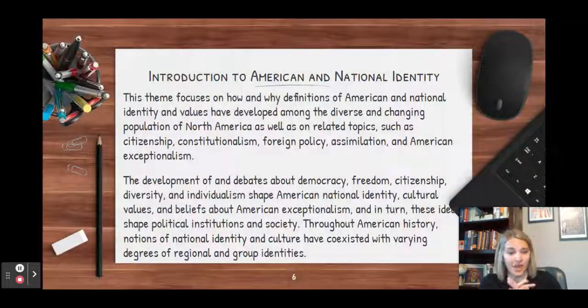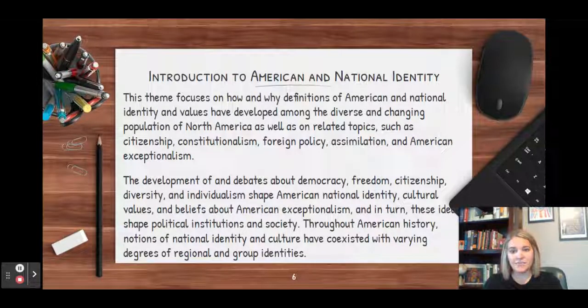The theme that we are addressing is called American and National Identity. This theme focuses on how and why definitions of American and national identity and values have developed among the diverse and changing population of North America, as well as on related topics such as citizenship, constitutionalism, foreign policy, assimilation, and American exceptionalism.